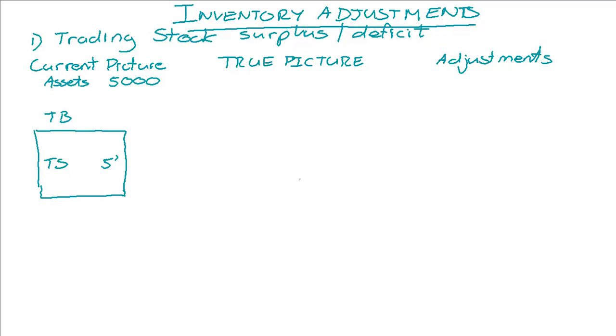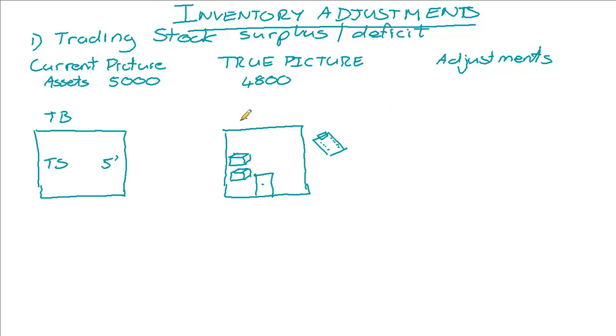The true picture, however, may be that when we go to our storeroom and do an inspection called a stock count, we take our clipboard, look at the list of inventory and count, and we find that we actually only have trading stock to the value of 4,800 Rand in our storeroom.